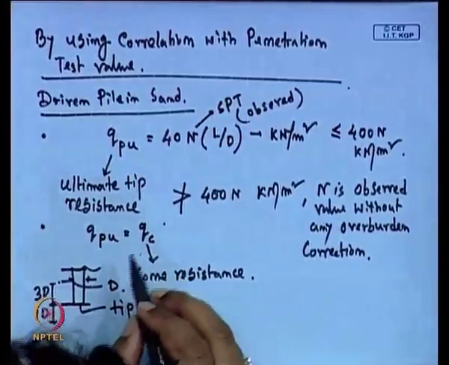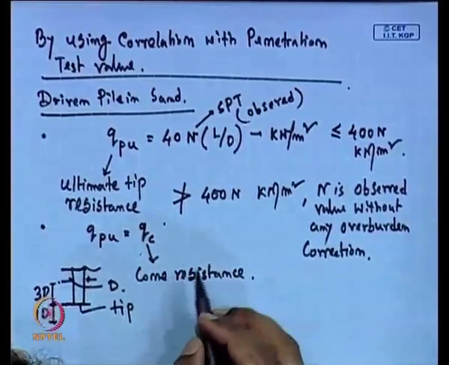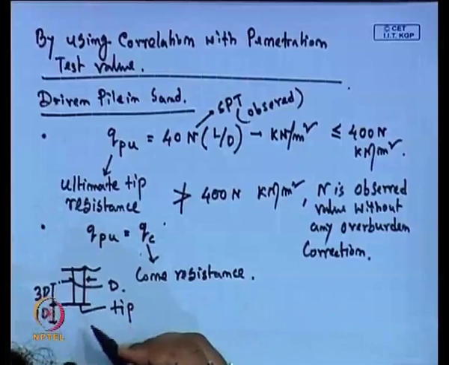So, for the pile to attain its full bearing resistance, it should be driven at least 5d inside the bearing stratum.